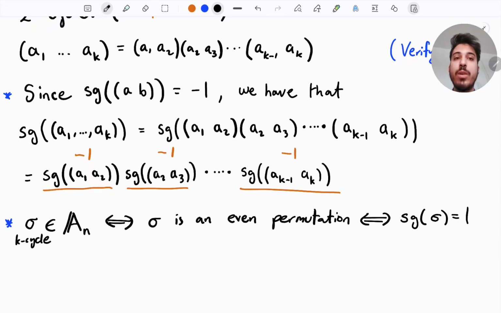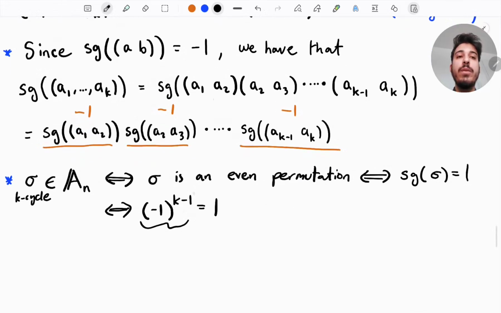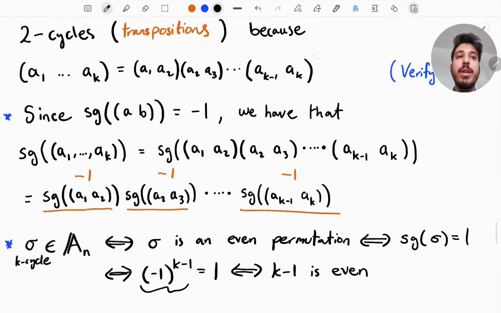The sign of sigma is equal to 1 if and only if -1 to the k-1 is equal to 1, because this is in fact equal to the sign of the k-cycle sigma. So we need for k-1 to be even, for -1 to the power of an even number to give us 1. So this is if and only if k-1 is even.